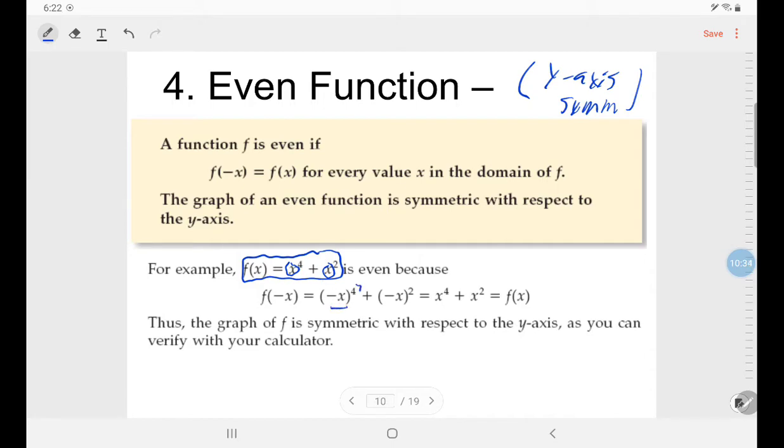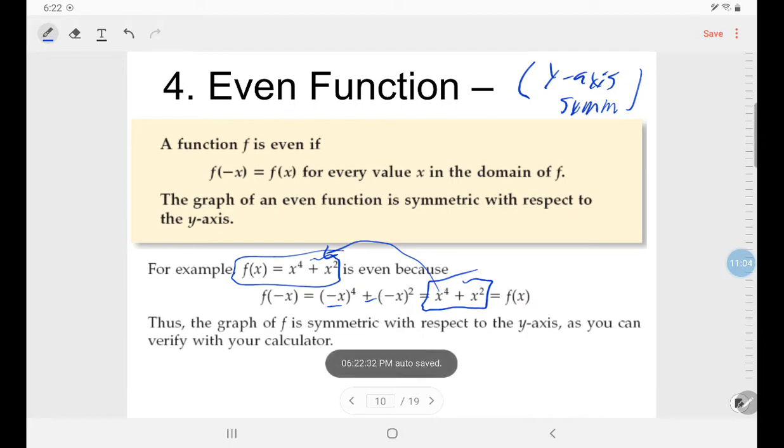Hopefully you recall from your algebra days that when you take a negative and raise it to even powers, it's going to turn positive. A negative raised to an even power will turn positive. So what do I see? I see that changing the x with the negative x gives me the exact same thing that I started out with, which means it does have y-axis symmetry, which means it is an even function.